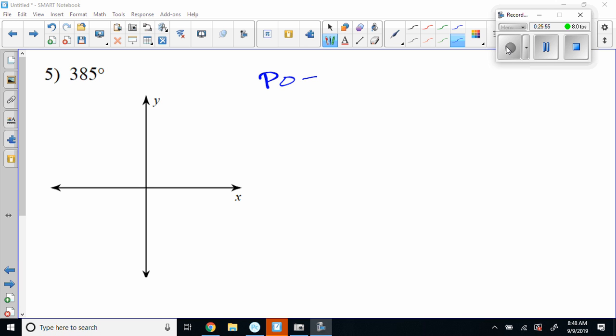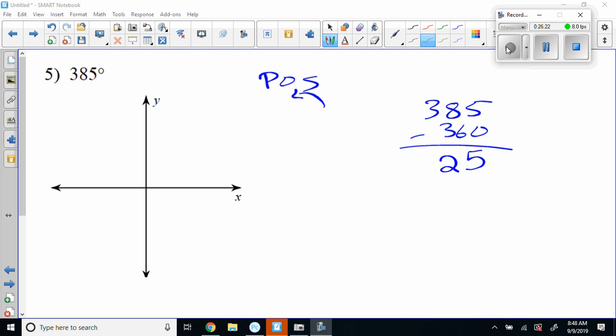So it's going positive. Guys, if it's above 360, then this is what I'm going to do. How much is 385 minus 360? Okay. So I'm going to go a full rotation, and then how much more? 25 degrees, right?